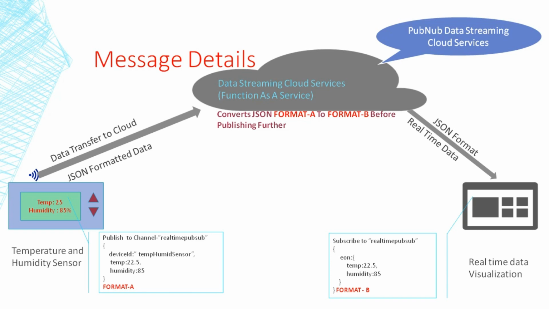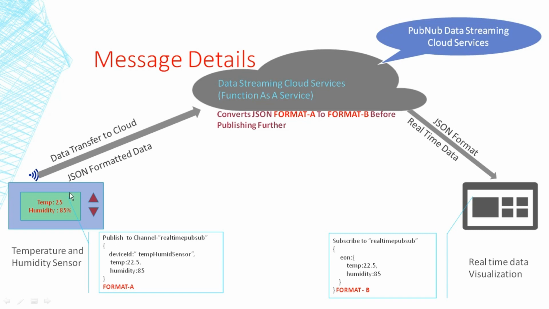Now let's go back and look into the flow that we have for this entire system. As you can see on the left side, this is the device which will be continuously generating the data and sending the JSON data to the PubNub Cloud service.